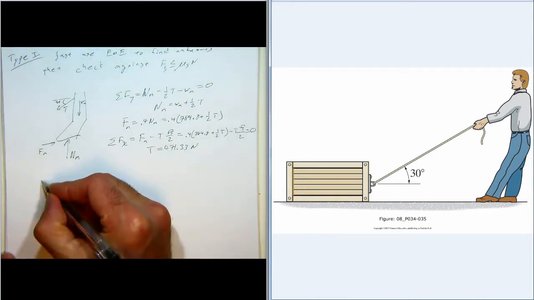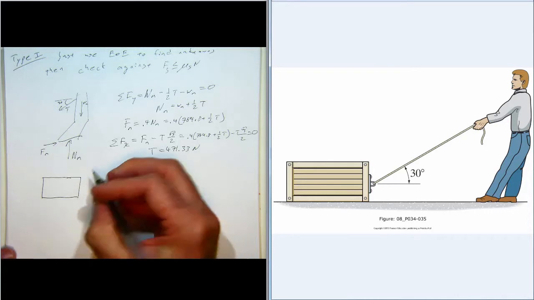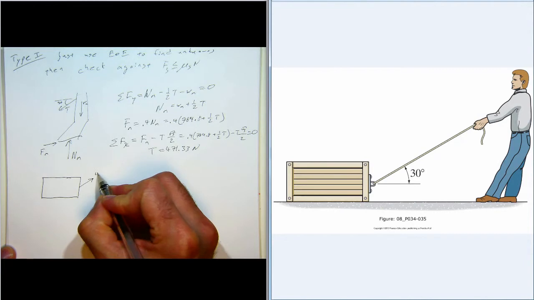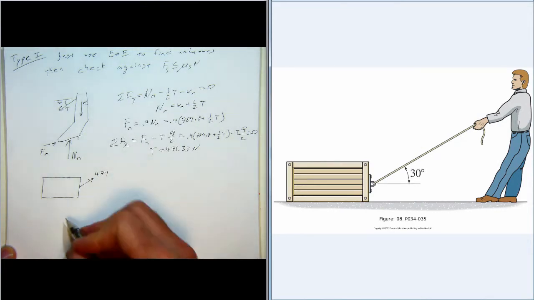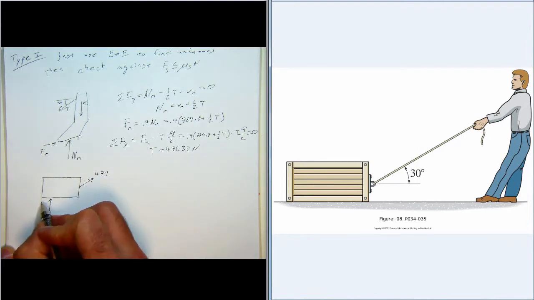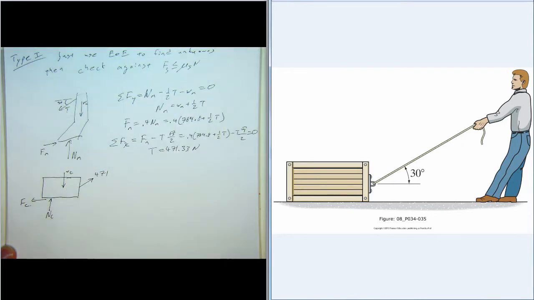So here's the free body diagram for the crate. So we've got the weight, the normal force, the friction force, and then the tension in the rope.